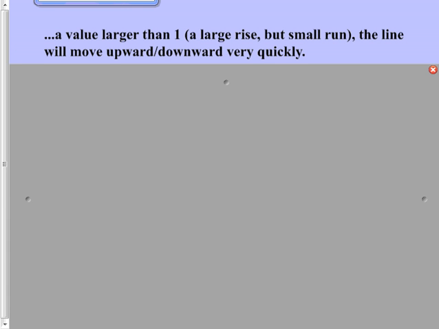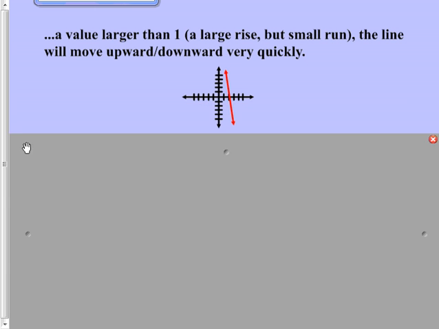Now, it's possible that our slope's value itself could be larger than 1. From the parent function, y equals x, 1 is the parent function's slope value. So as you get a larger value than that, that means that you are rising faster than you are running. That will cause the line to move upward or downward more quickly. That should sound the same as when we talked about amplitude with our parent functions.